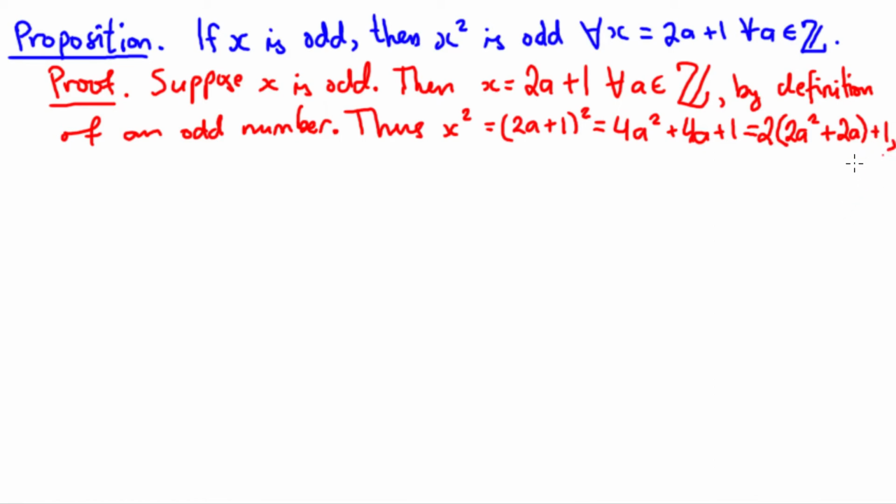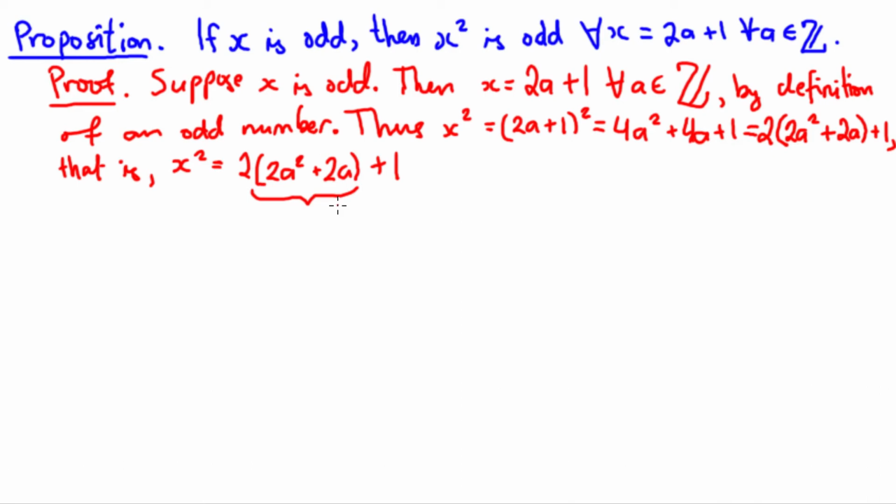Okay, so what we can see here is that x squared is equal to, we'll just get the final two portions of this long equation, 2 times the quantity 2a squared plus 2a, plus 1. So we can let this form, 2a squared plus 2a, be some variable.